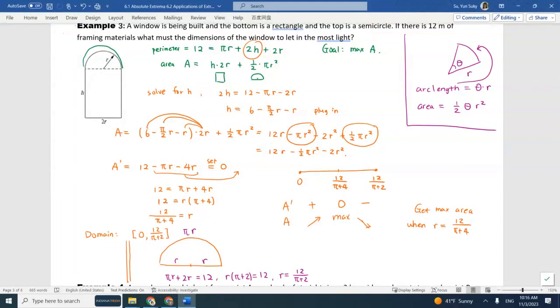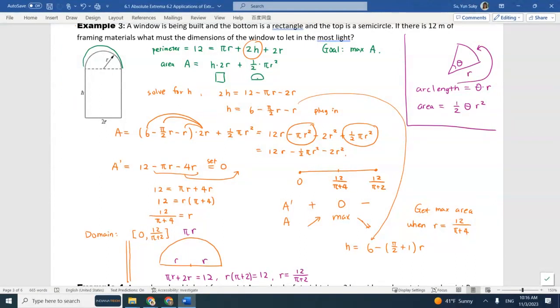Because we want to know all the dimensions, we also want to know h. But what is h? 6 minus... Do you see here I can factor out the r? We get pi over 2 plus 1 times r.